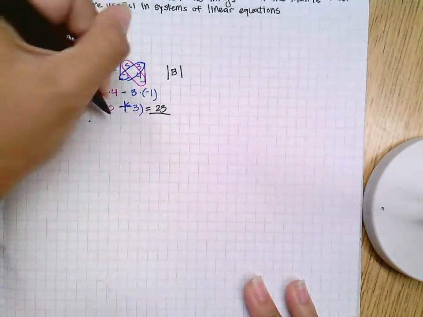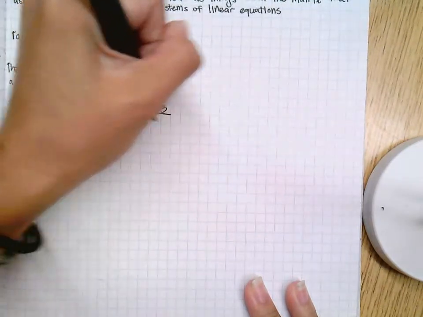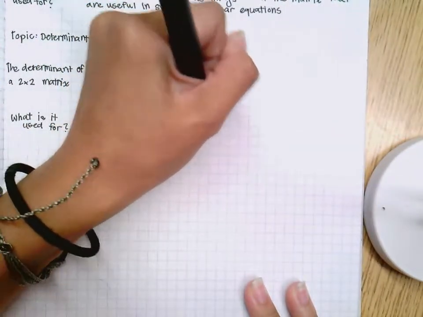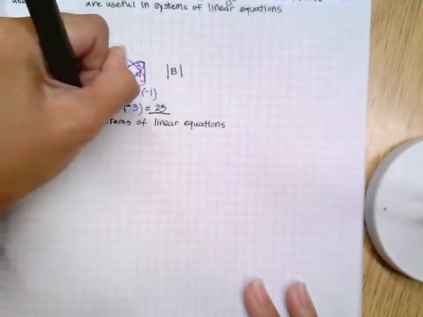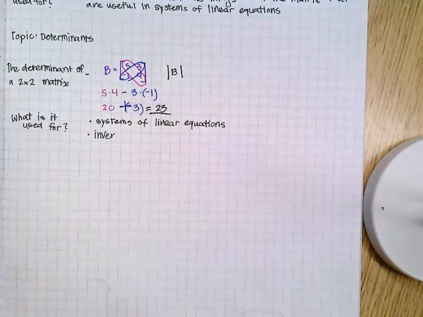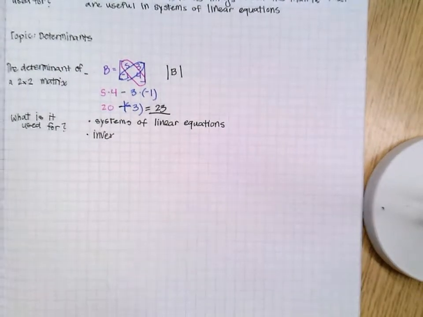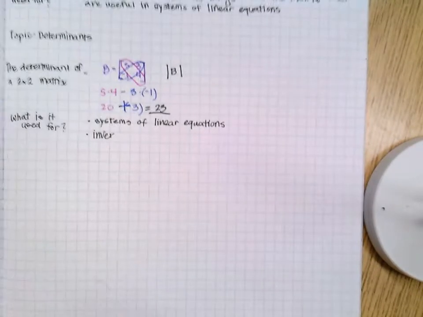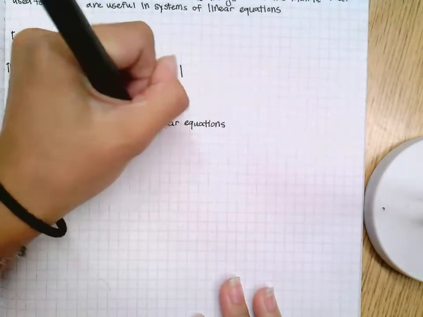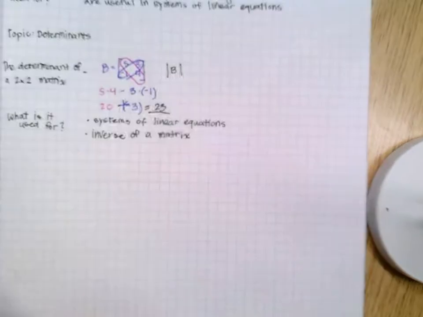It's used for systems of linear equations, and also inverses, however you would say that plurally. It would be inverse of a matrix. And that's what determinants are used for.